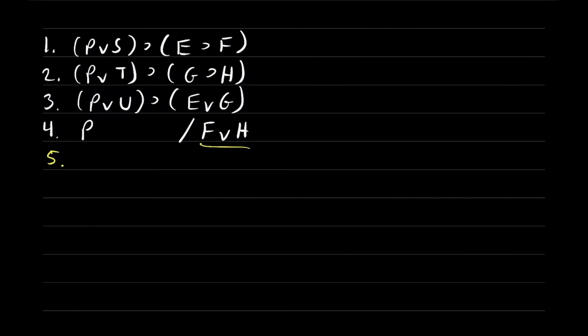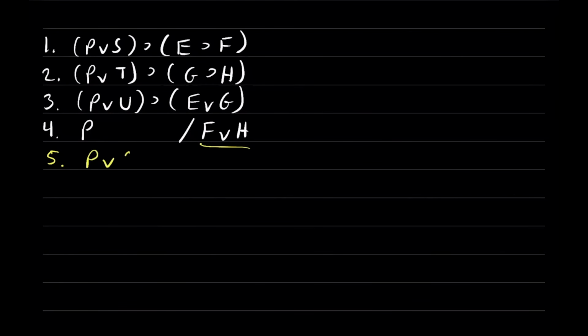Okay. What I notice about these premises is that the antecedents of these conditionals in lines 1, 2, and 3 are all disjunctions. P or S, P or T, P or U. And we know on line 4 that P is true. And according to addition, you can add anything you want onto an existing statement using a wedge, and you'll get something true. So I'll do 3 steps in one here just to make this really easy to see what I'm doing.